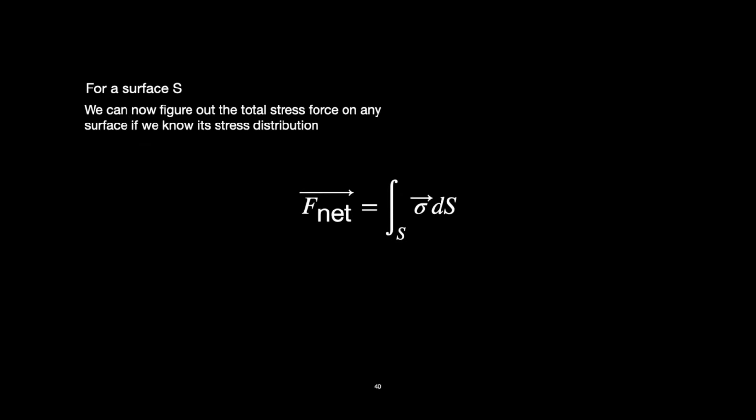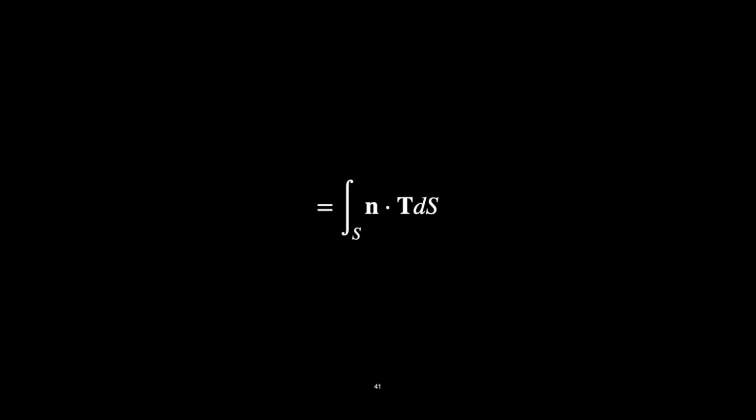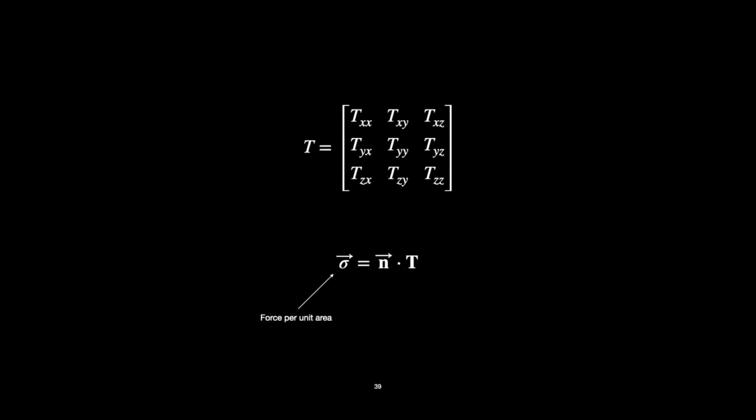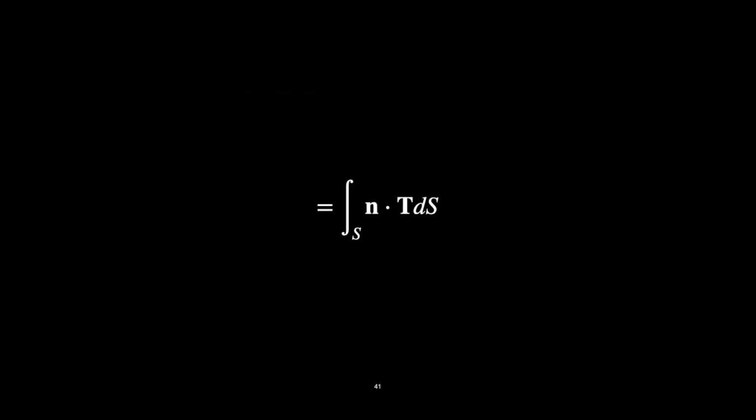We're just adding every stress vector along every surface. That's going to be the surface integral, with respect to S, the surface. And as we have established before, that's going to be the normal times the stress tensor. Nothing else has been changed.